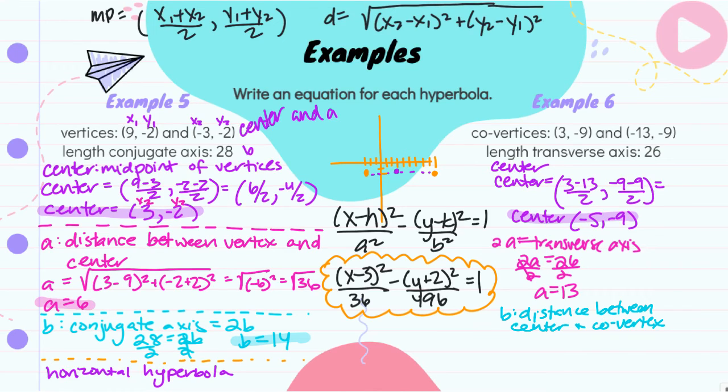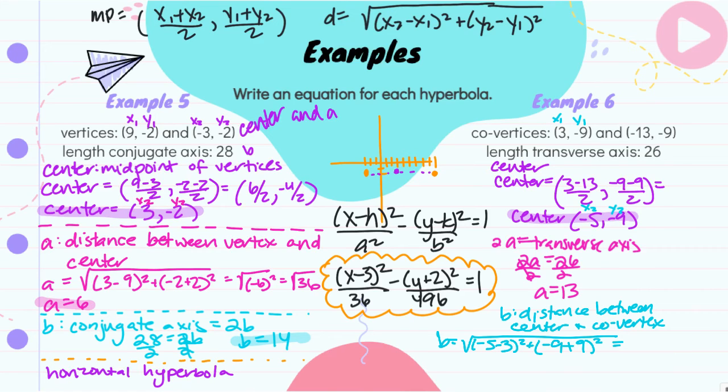So we can use that distance formula again. Actually, we're going to say B equals, and we are going to use a covertex x1, y1, and then the center x2, y2. So we've got negative 5 minus 3 squared plus negative 9 minus 9 squared.